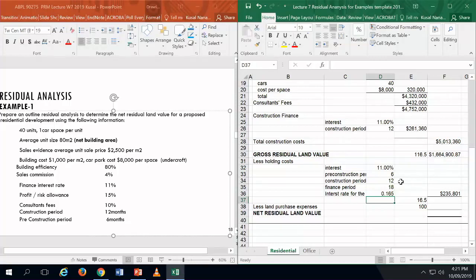And when construction starts, we still have to pay, until we sell the development. So the total period is 18 months, and this gross residual land value includes interest, which is 16.5%.